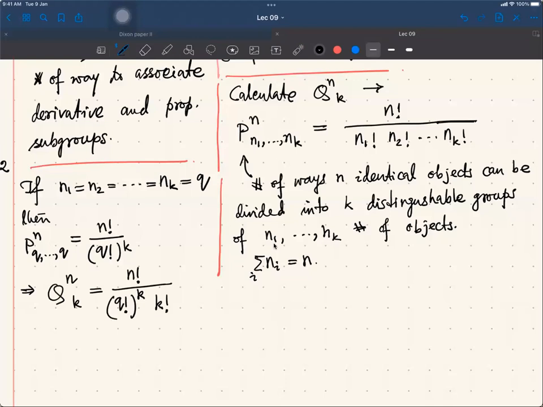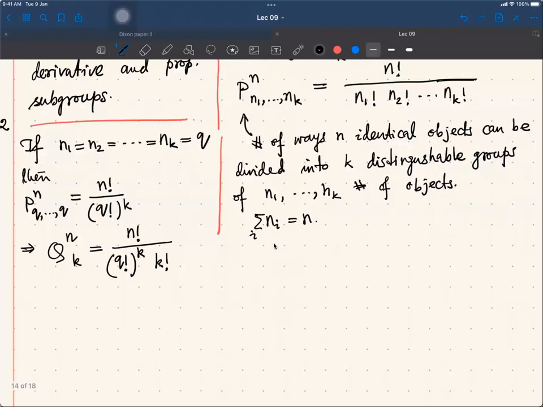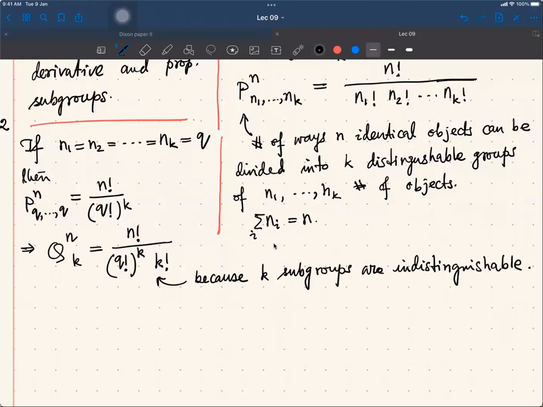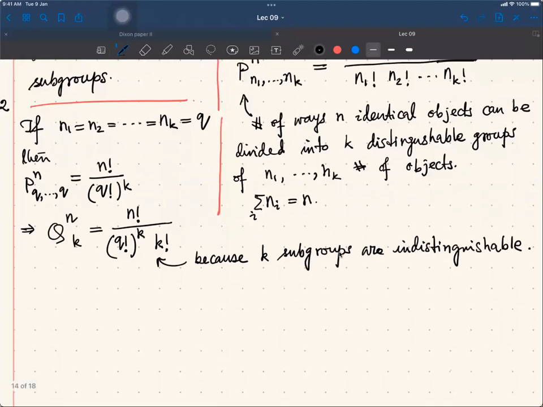So you divide by factorial k. Then you just directly calculate the result.